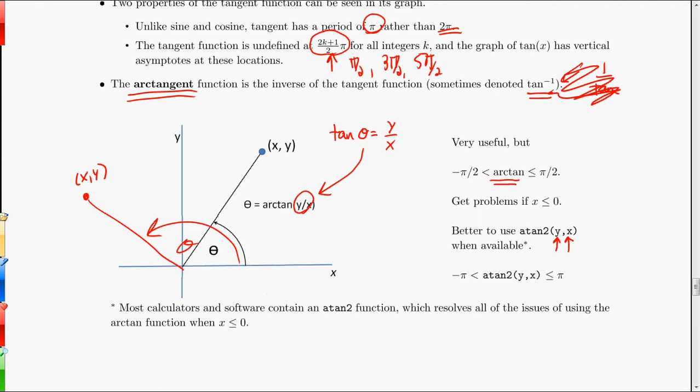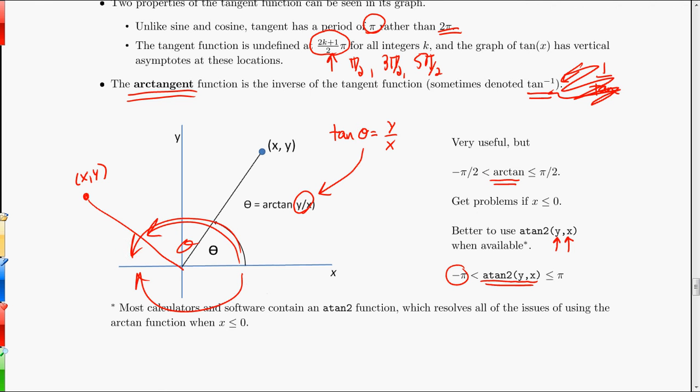So the atan2, or whatever your software uses, is great. But again, it has to be defined on some domain, and in most cases that domain is negative pi to positive pi.